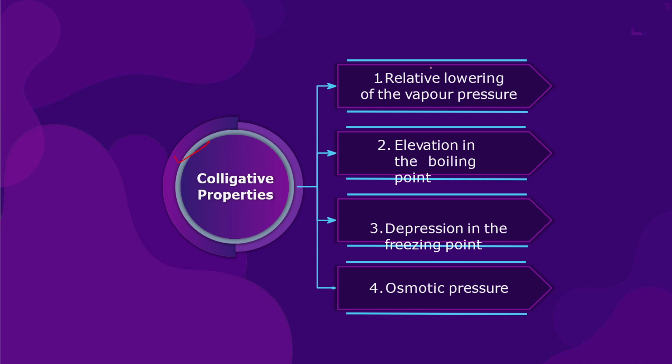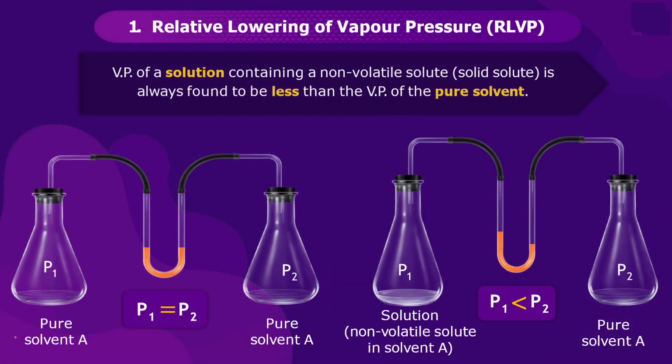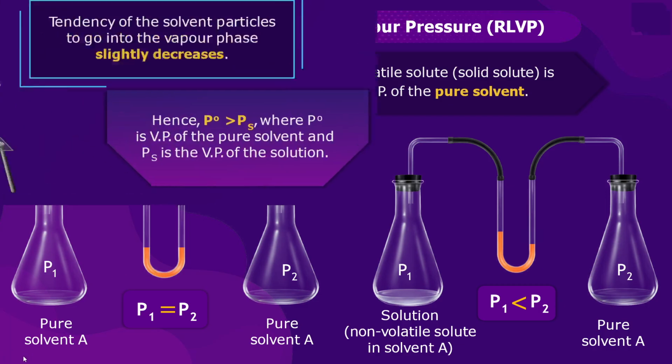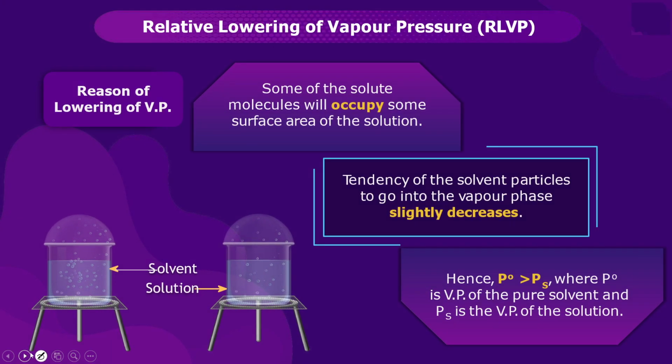In colligative properties, the first one is relative lowering of vapor pressure. So what does it mean by relative lowering of vapor pressure? Let me explain how to calculate RLVP. Relativity means if you want to compare something with something else, right?